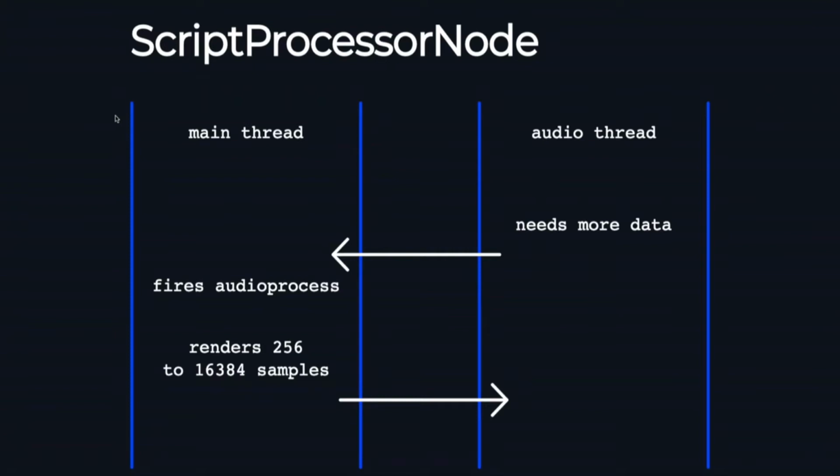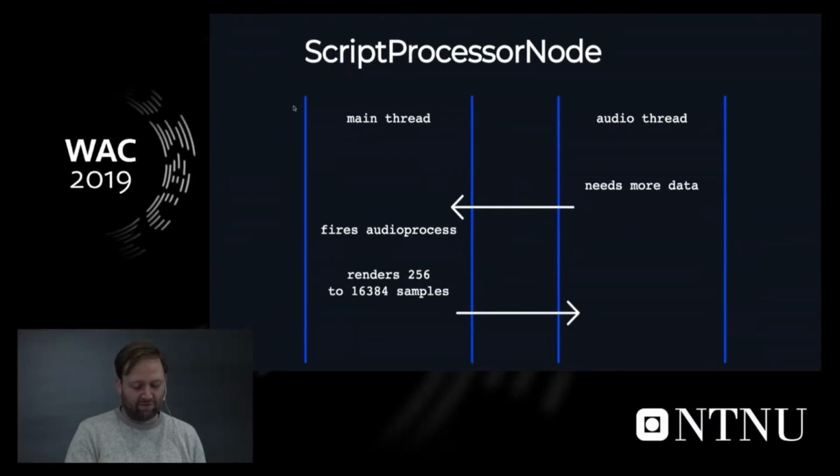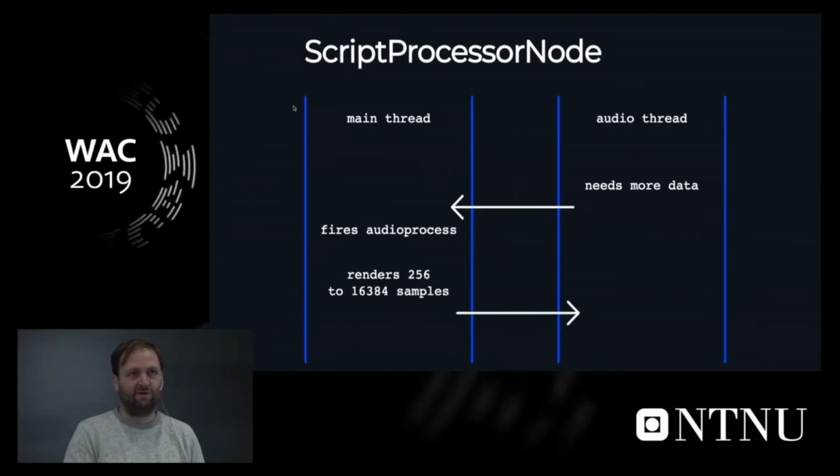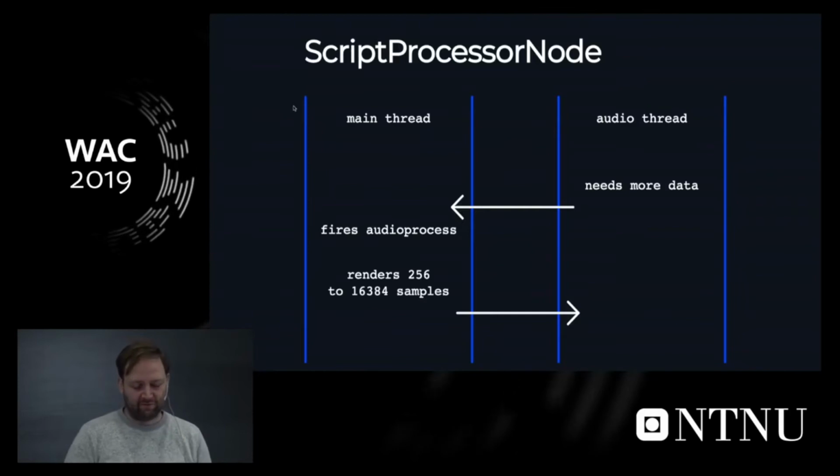And depending on that, most browsers do double buffering, so they double the buffer on the audio thread, and then whenever they think it's time for more data, they fire an asynchronous event on the main thread, which is called the audio process event, and then you have to handle that event and fill the buffer.